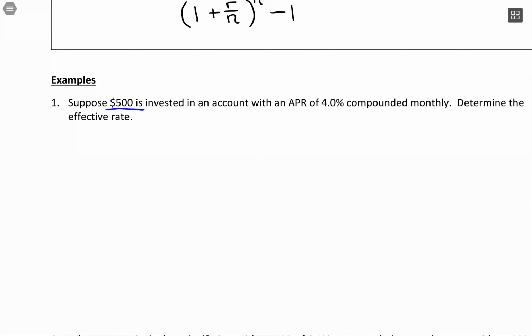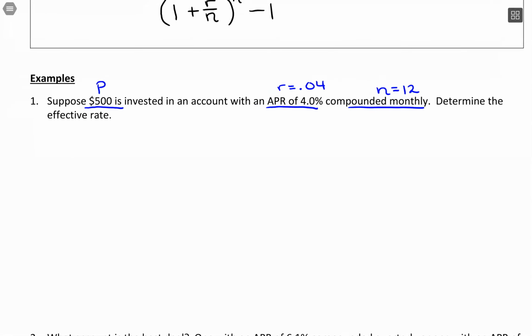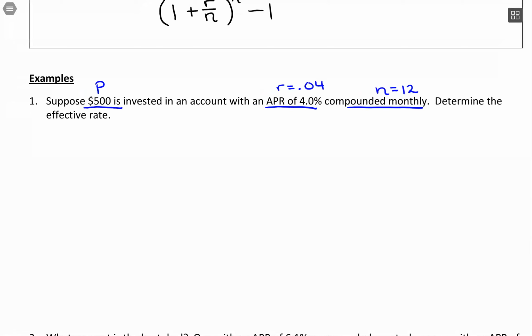So let's look at some examples here. We are investing $500. We have an annual percentage rate of 4%. So here's our principal, here's our rate of 4. And it's going to be compounded monthly, so that's giving me a value for n. And we want to determine the effective rate. So what we'll do is take 1 plus that rate of 0.04 divided by 12 raised to a power of 12.